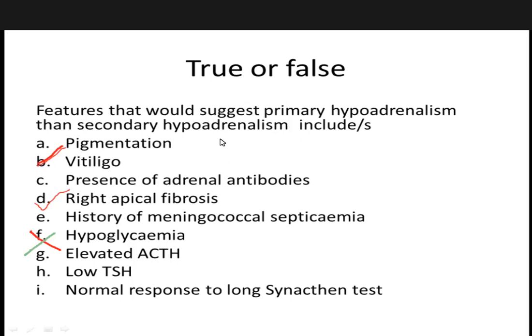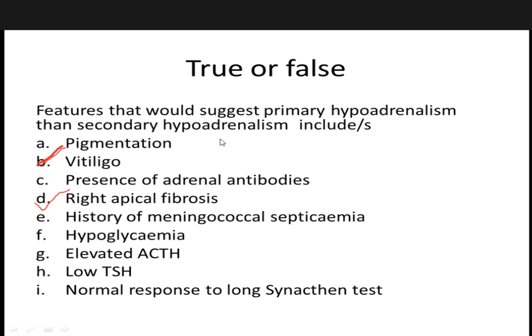So what is the long Synacthen test? In the long Synacthen test, you would observe the patient for a long period. Nowadays we don't do this long Synacthen test because we assess ACTH levels simultaneously, right? In the long Synacthen test, if it is due to secondary adrenal failure, and you observe the patient's serum cortisol value for a long period, like 48 hours, then they will have an adequate response.